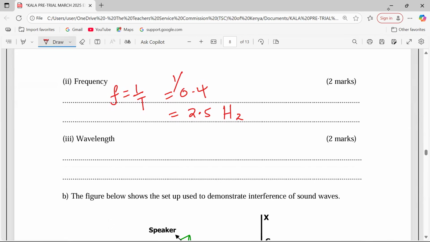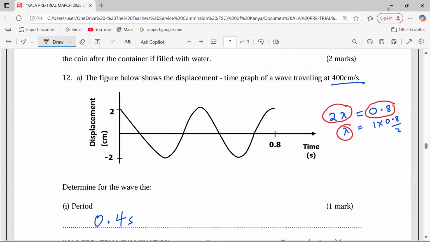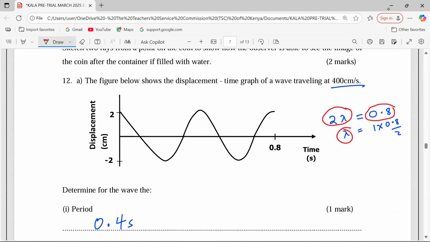Then the other thing is wavelength. We know that generally, speed in a wave is given by f lambda. Therefore, lambda, which is our wavelength, will be given by C out of F. Let's find C first. C is the velocity. According to the instructions here, this wave is traveling at a speed of 400 centimeters per second, which means the units can be converted to SI units. 400 centimeters can be converted to 4 meters per second.